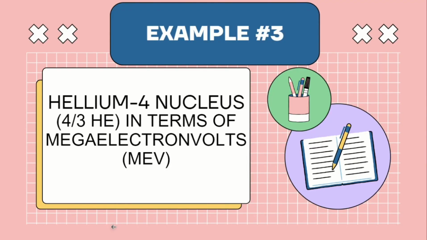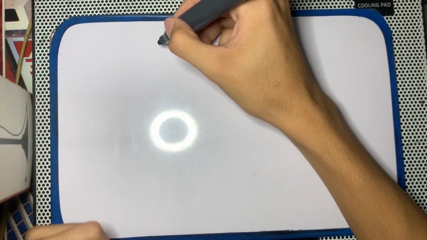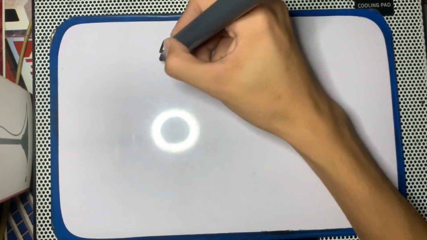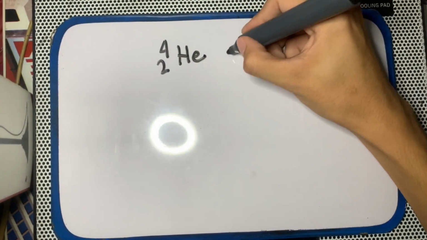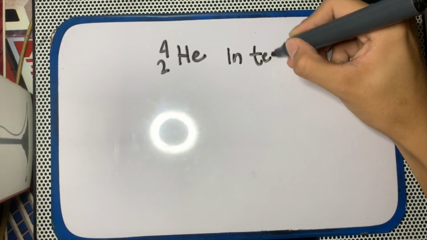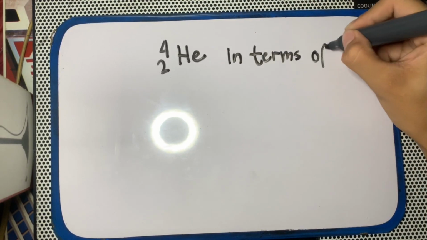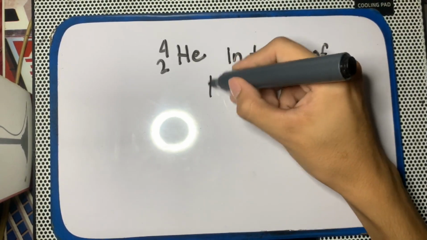Example number 3. Helium-4 nucleus, 4/2 He, in terms of mega electron volts or MeV. So now proceed po tayo sa panibagong problem where helium-4 nucleus or 4He in terms of mega electron volts.